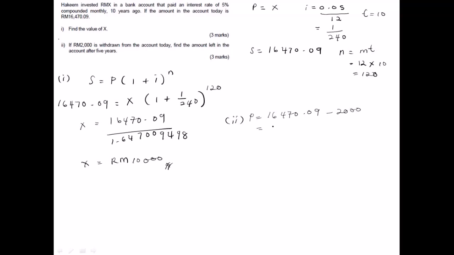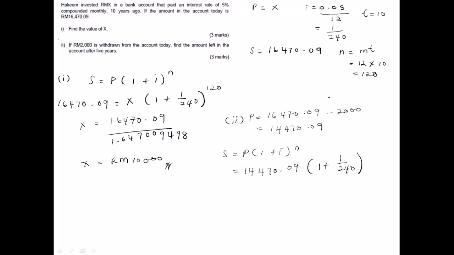The balance is 14,470.09. So after 5 years, S equal P1 plus I power N. The new balance is 14470.09 times 1 plus I, the value of I is still the same.